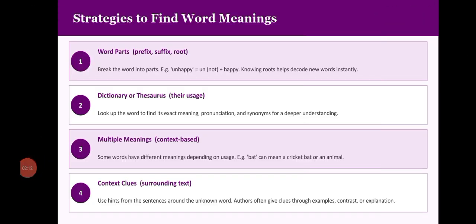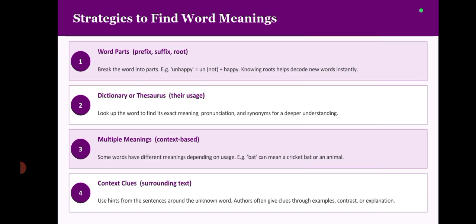only 26 letters in English, but we have a lot of words, an uncountable number of words. With these methods, affixation, prefix, suffix, root words, by applying the suffixes and the prefixes, we can break the word.